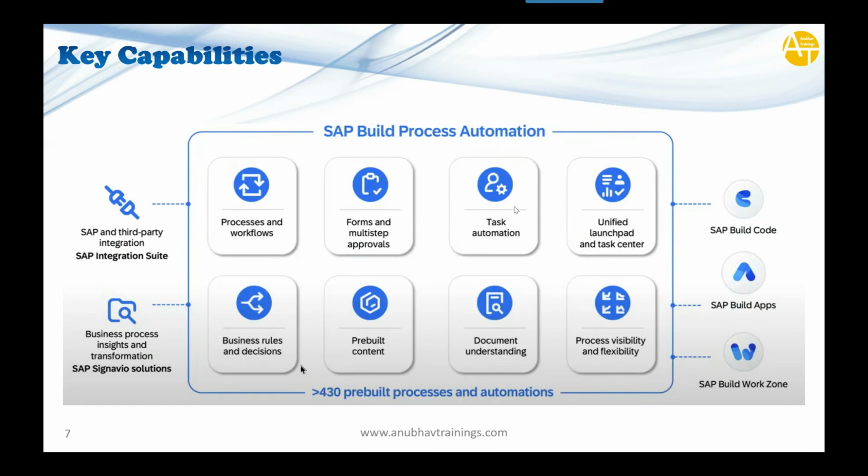And of course, document understanding, where you can extract the data through automations as well. It very well integrates with SAP Build Apps, Build Work Zone, Build Code, and also with Integration Suite. So that's the overall portfolio or capability of process automation.